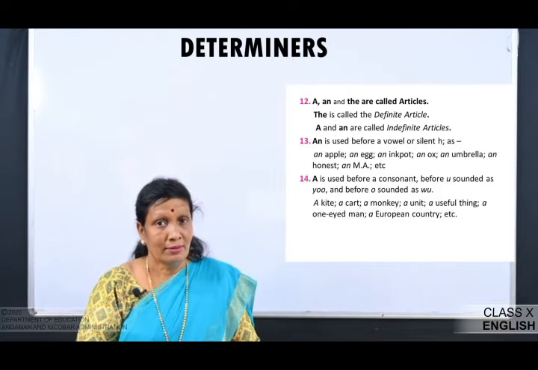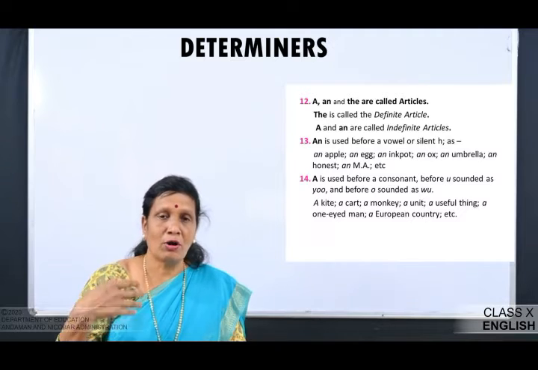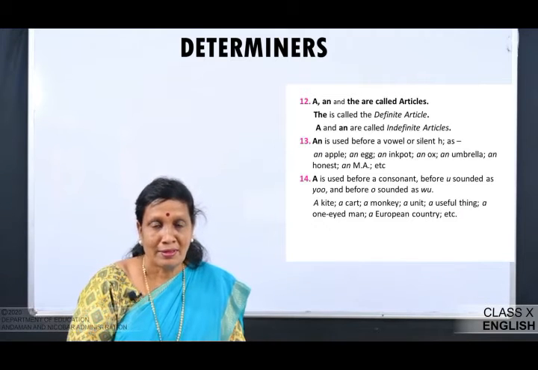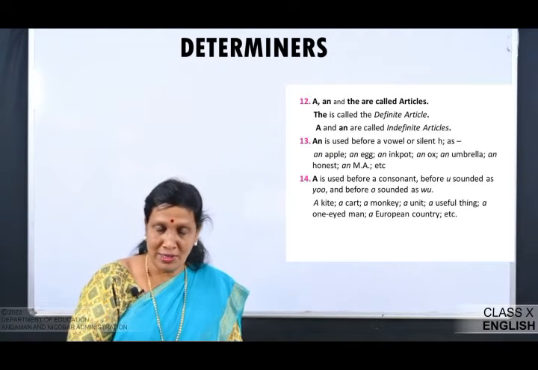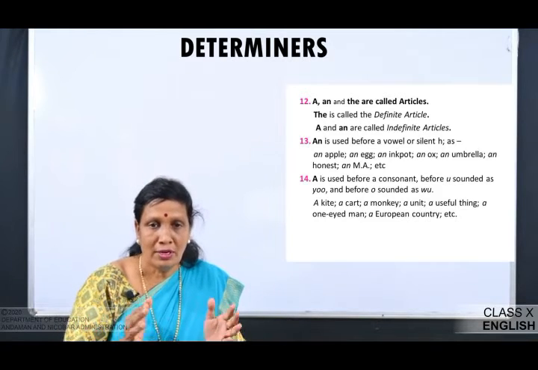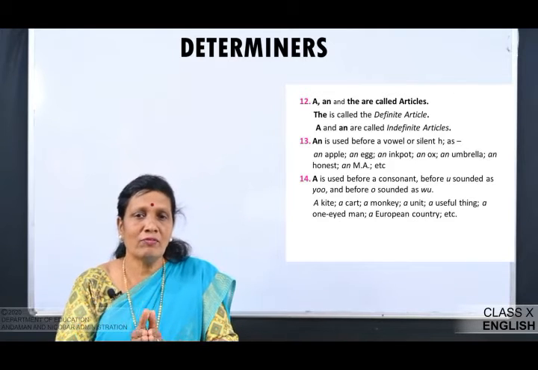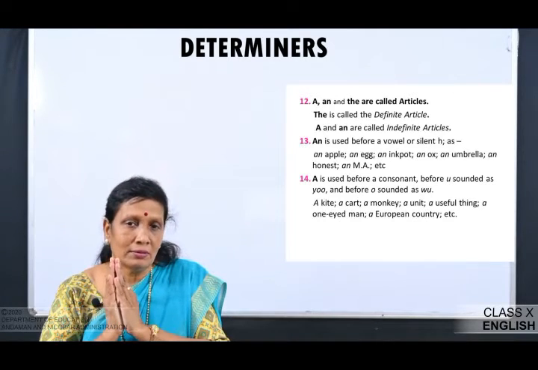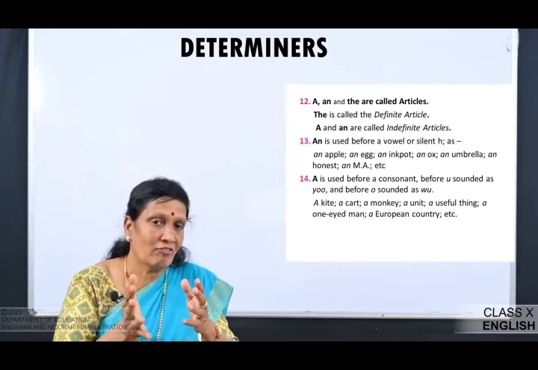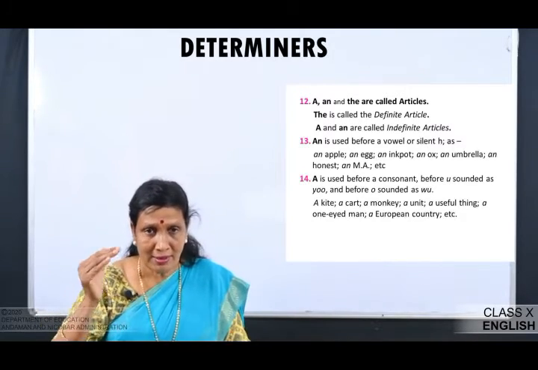Okay. Now what about universe? What about unit? We don't say an unit. We don't say an universe. So here you have to remember, children, that not all words beginning with the vowel U have an before them. So you have to be very careful.